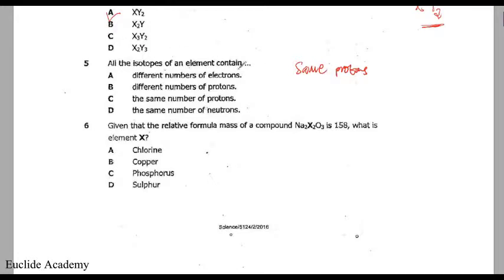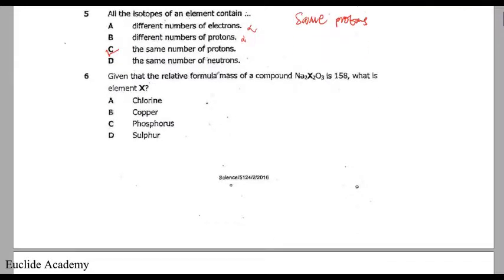So all the isotopes of an element contain a different number of electrons, not really. The same number of protons, but different neutrons. So C is the correct one.